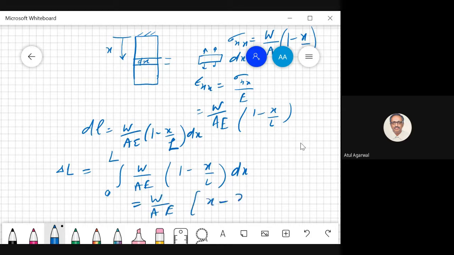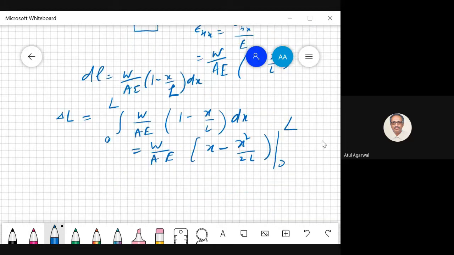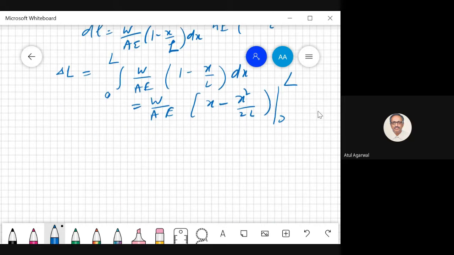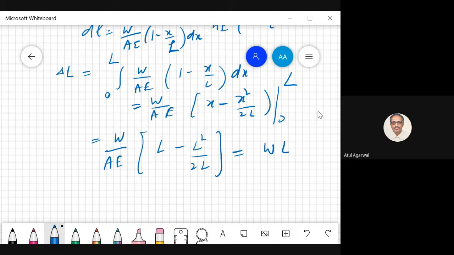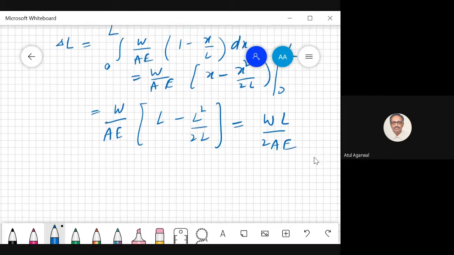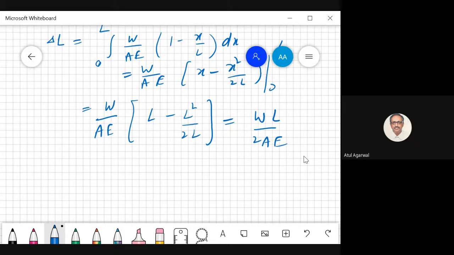You get x minus x square by 2L, taking the limit 0 to L. What do you get? W by AE into L minus L square by 2L. So you get WL by 2AE. Any doubt? So this is a change in length.